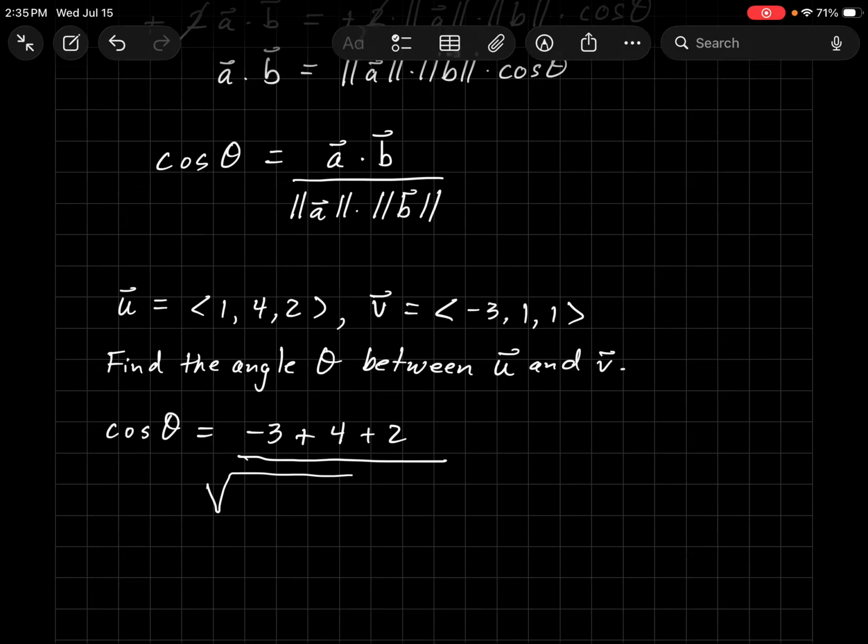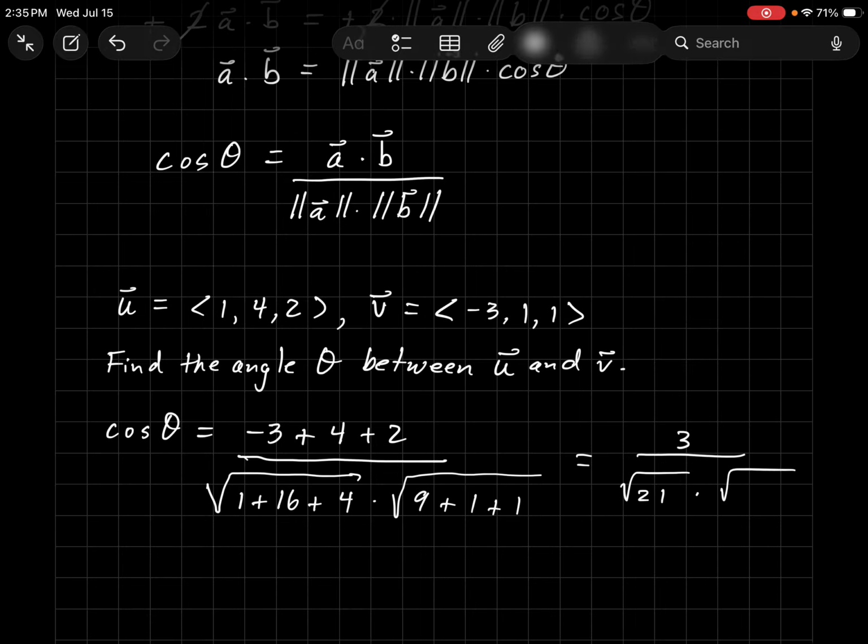So the magnitude of u, which is 1 squared plus 4 squared plus 2 squared, times the magnitude of vector v, which is negative 3 squared plus 1 squared plus 1 squared. And that's going to give us 3 over the square root of 21 times the square root of 11.